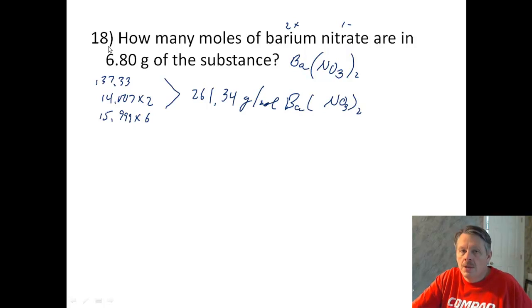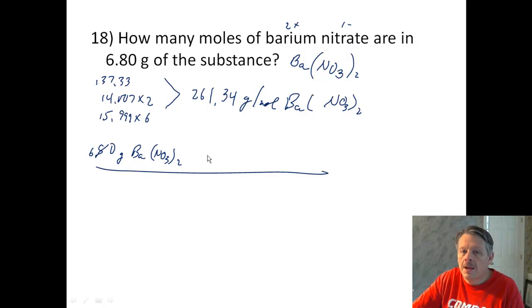So now I can do my problem, which is 6.8 grams of barium nitrate. And I have to convert from grams to moles of barium nitrate.